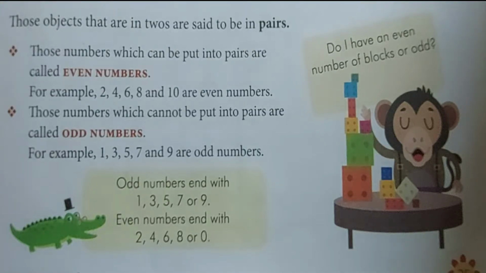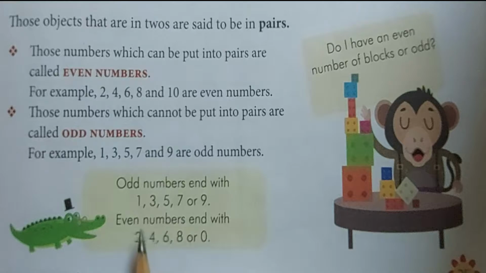What are even numbers? The numbers which can be put into pairs are called even numbers. For example, 2, 4, 6, 8, 10, 12, 14, etc. are the even numbers.